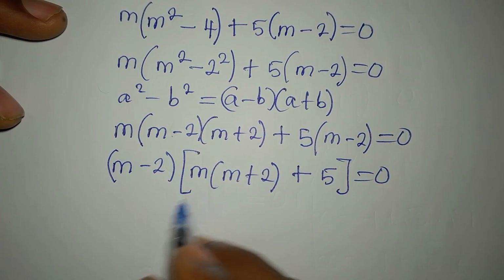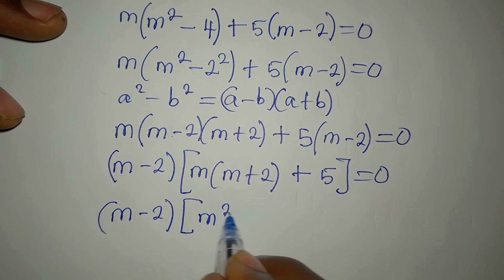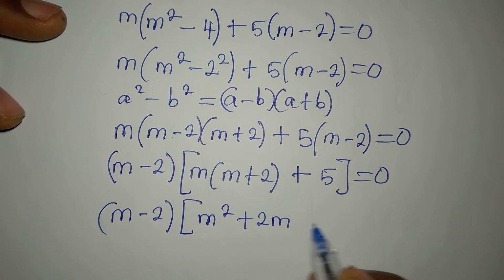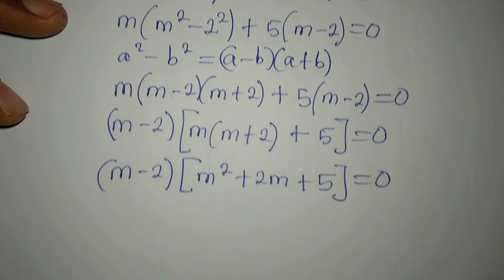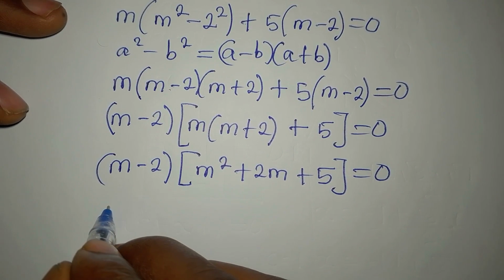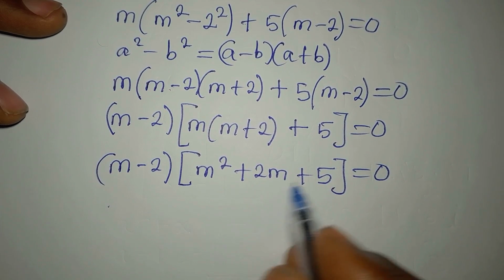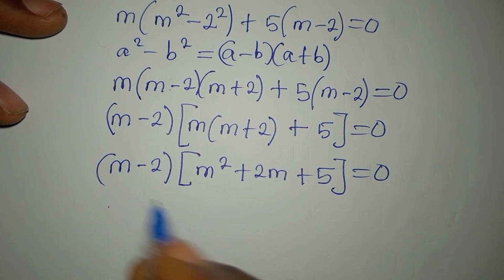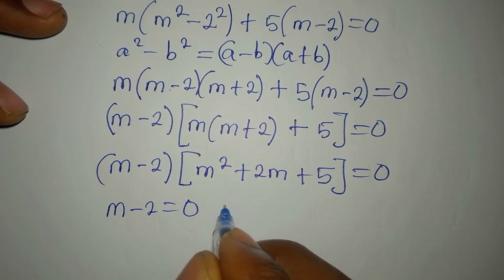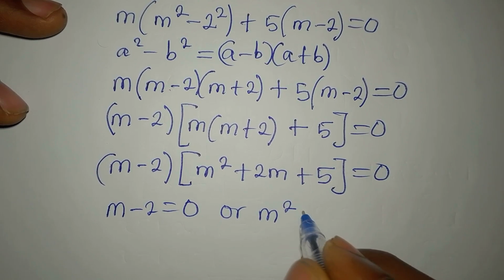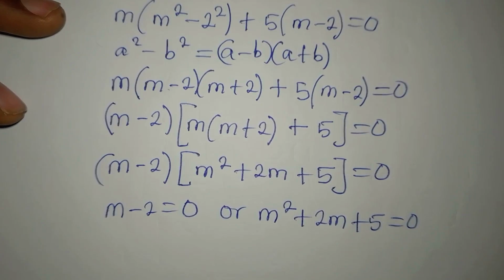Now let's open this. We have m minus 2, the common factor. Then we have m squared plus 2m plus 5 equals 0. So here again we have this and this to multiply in order to get 0. So it means that one of them should be 0, right? So we write our m minus 2 to be 0, or m squared plus 2m plus 5 is 0.